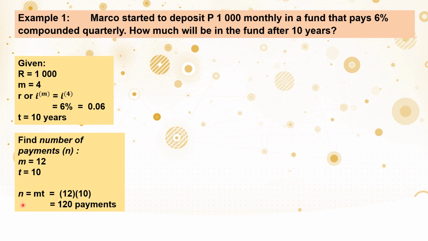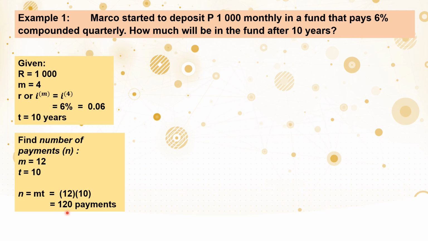To find the number of payments or N, just multiply the value of M and T. So yung M natin is 12 times yung T is 10. 12 times 10 is 120. So 120 beses magbabayad si Marco.